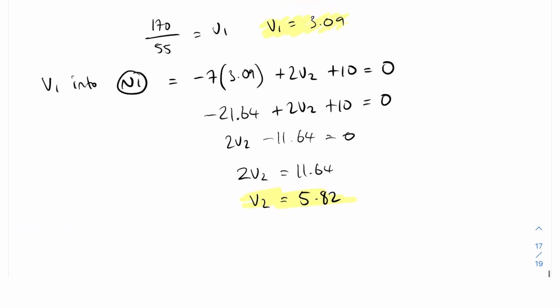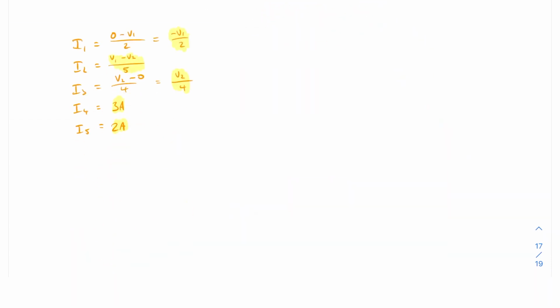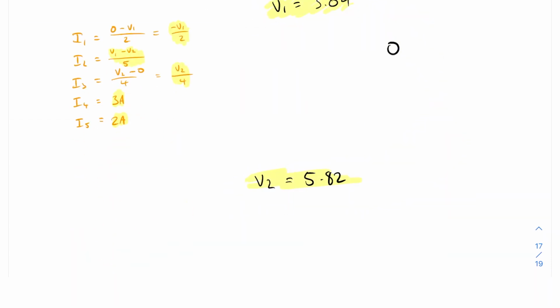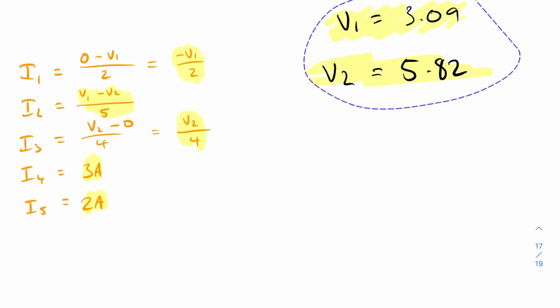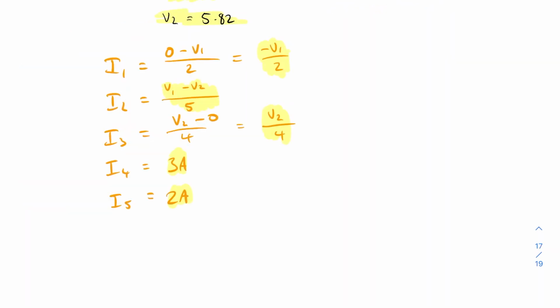So let's get these two voltages. Okay, make it a bit smaller. All right, so we've got the voltages for V1 and V2, and we now can literally just put V1 into here, right? So that means that we're going to have minus 3.09 divided by 2 is going to be the current value of I1.